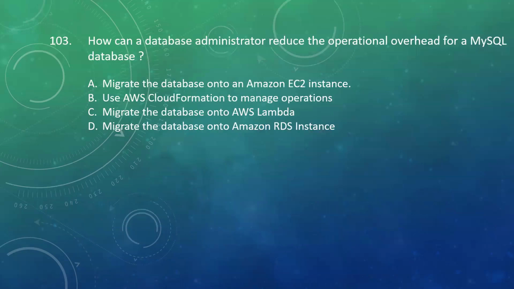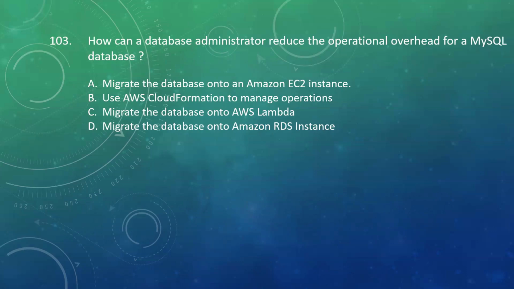Next question. How can a database administrator reduce the operational overhead for a MySQL database? Your options are migrate the database onto an Amazon EC2 instance, use AWS CloudFormation to manage operations, migrate the database onto AWS Lambda, migrate the database onto Amazon RDS instance.